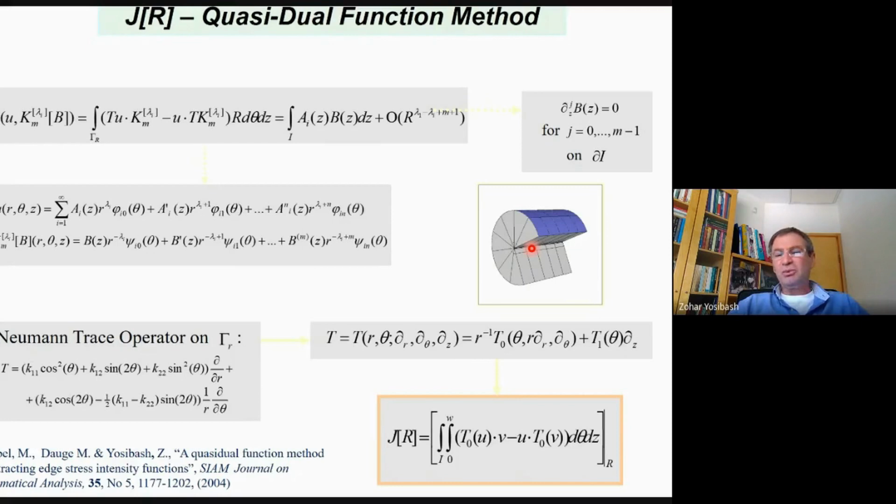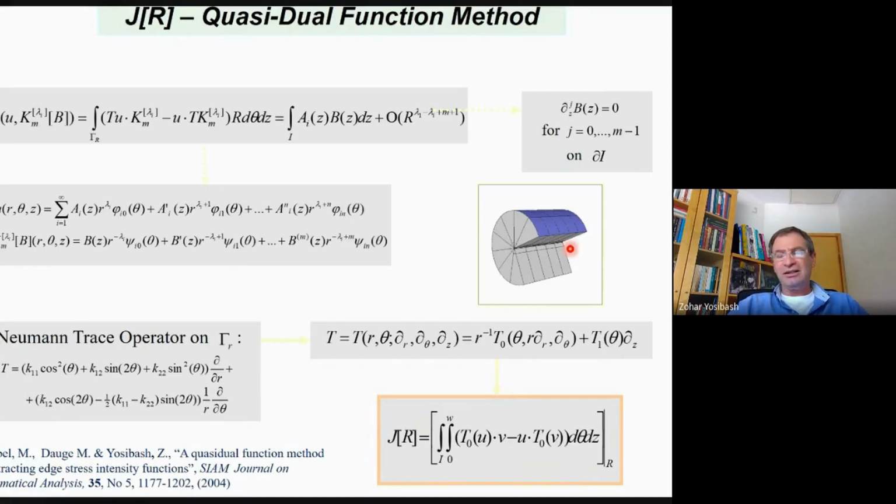Now, if someone would like to do that, they would find out that because of these shadows, every 2D path independent integral is no longer path independent in 3D. So if one would like to use the J integral in 3D over a plane, they will realize that this J integral would depend on the radius.